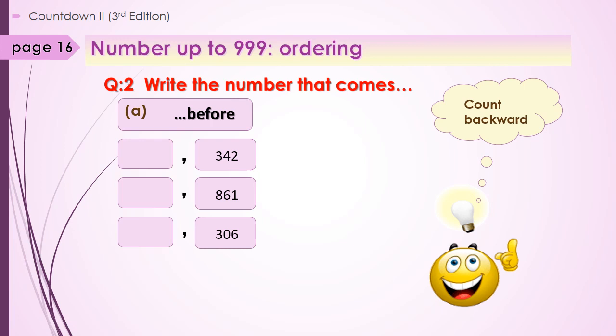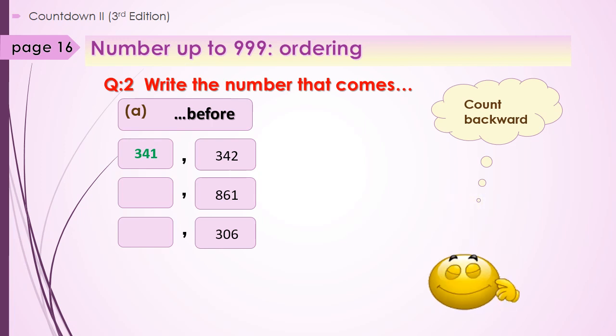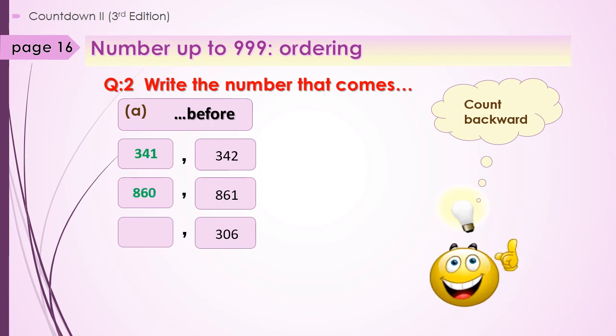So the number which comes before 342 is 341. The number which comes before 861 is 860. The number which comes before 306 is 305.